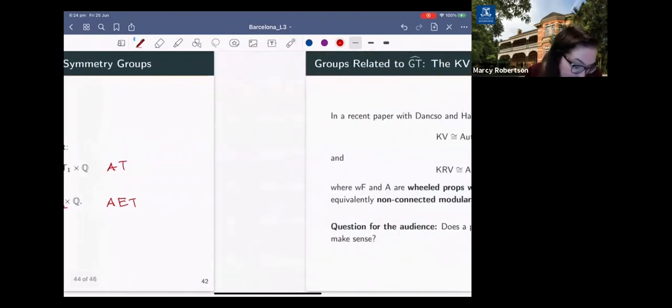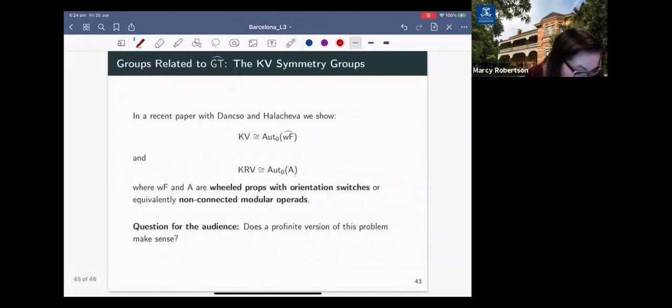So in a recent paper with Zhuoqi Dancso and Iva Halacheva, we show that you can in fact compute these two groups as automorphisms of, so these are W-foams, and these are arrow diagrams. So W-foams are knotted surfaces in R4.